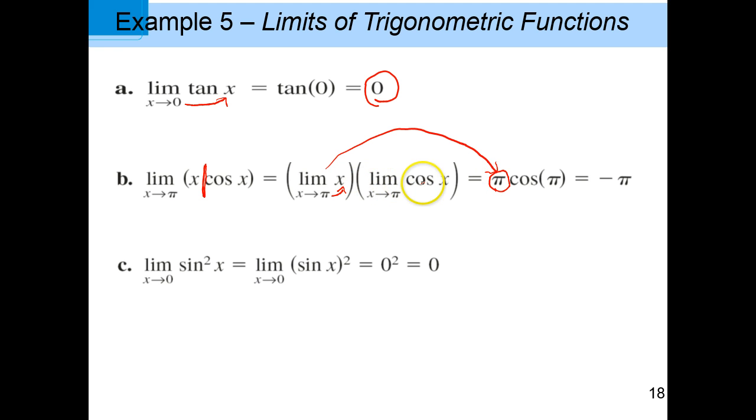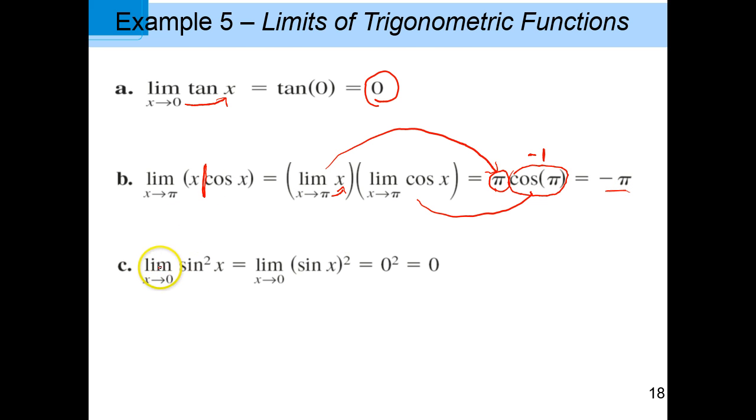And the second one, the limit of the cosine of x as x approaches pi, is the cosine of pi. Cosine of pi is -1. That's our x coordinate at pi radians on the unit circle. -1 times pi gives me -pi.